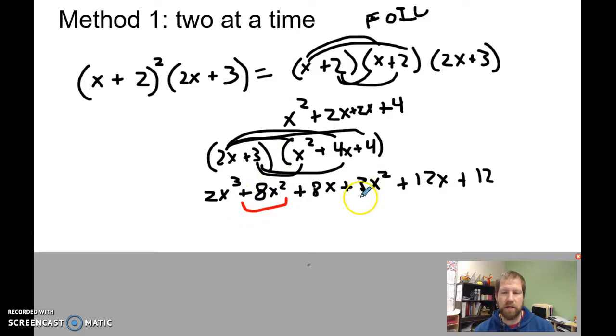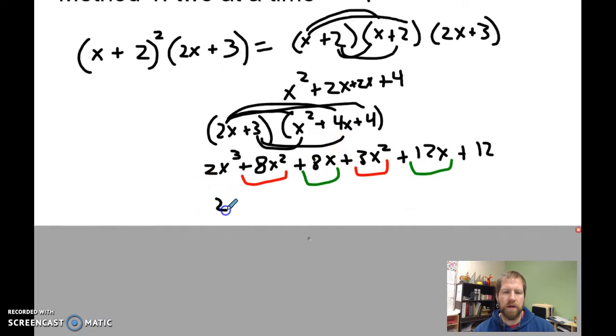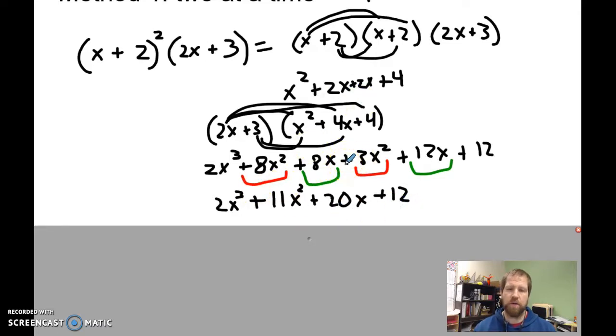So I've got x squareds, x's, and I've got 2x cubed plus 8x squared plus 3x squared is 11x squared, plus 8x plus 12x is plus 20x, plus 12. So you can see that way is fairly straightforward.